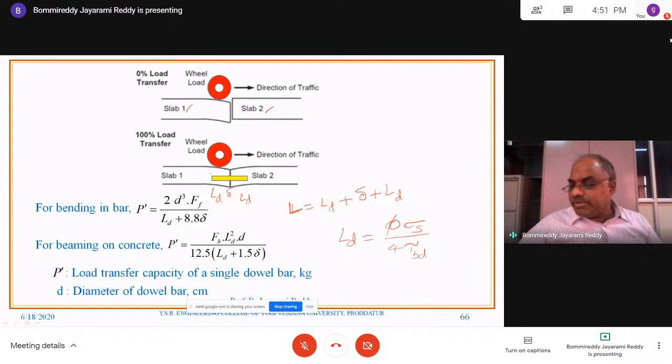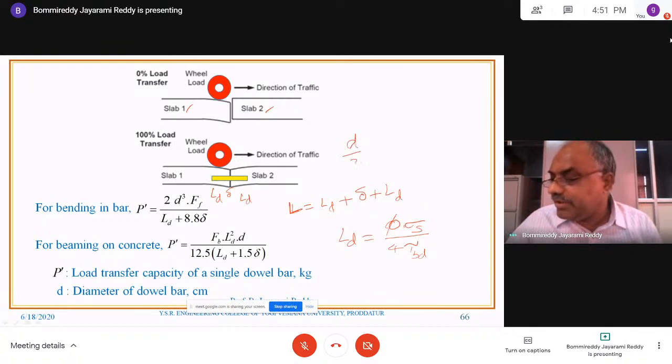For that purpose, the dowel bars are to be provided at this particular point, and generally it will be from D by 3 to D by 4 height from the top, or H by 3 to H by 4 distance.